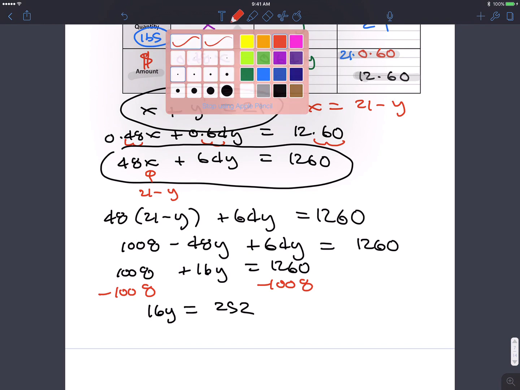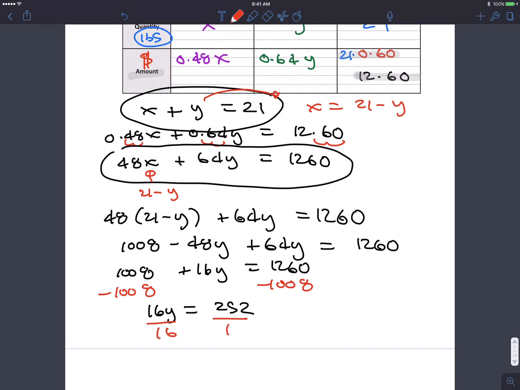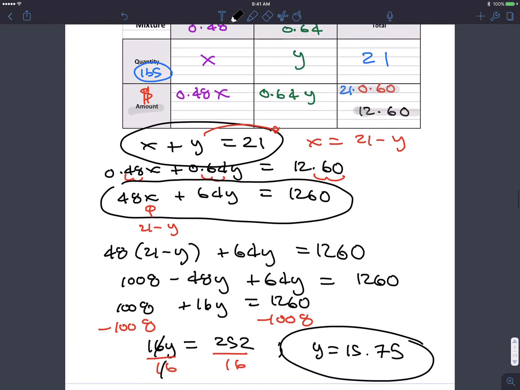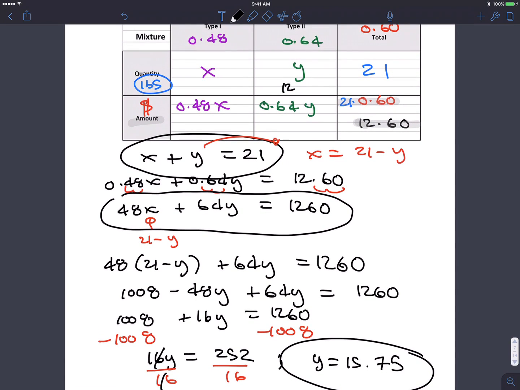We're now going to divide both sides by 16. And we'll get y equal to 15.75 pounds. So if we go back here, we have to have 15.75 pounds of type 2.